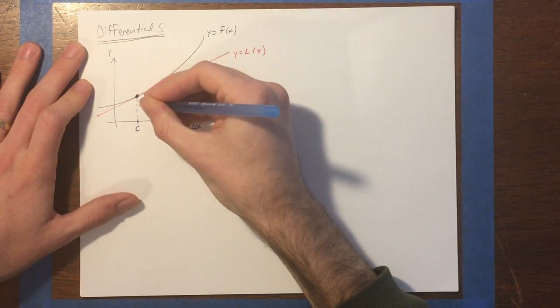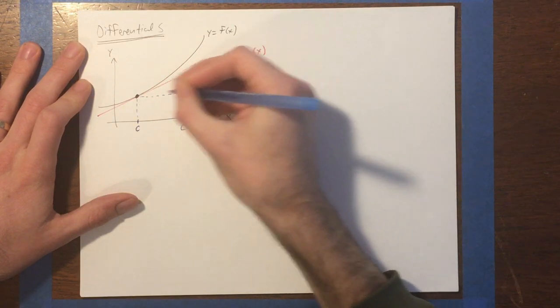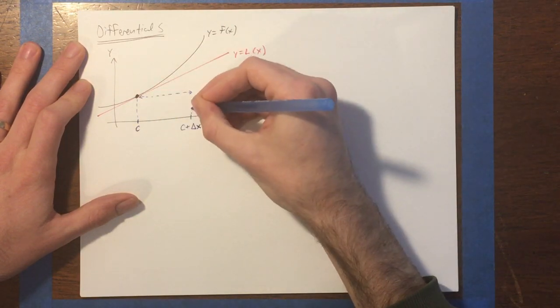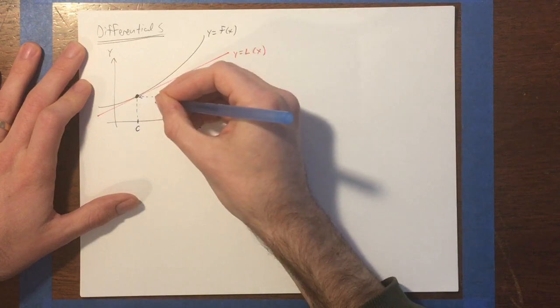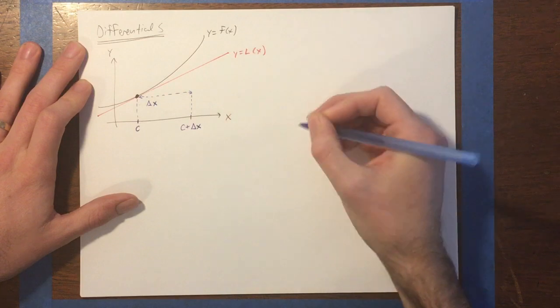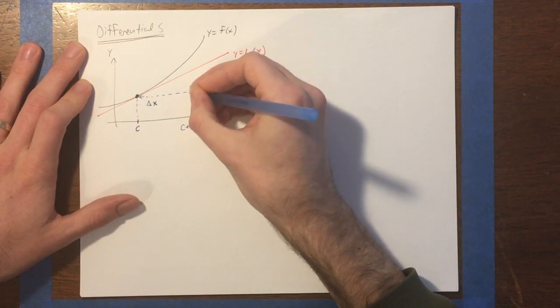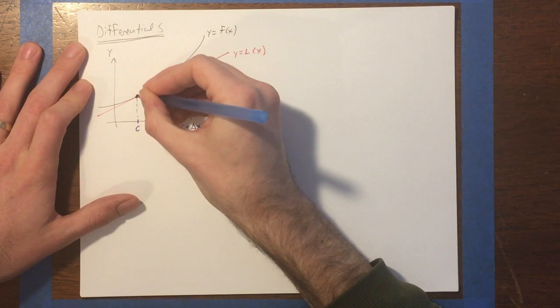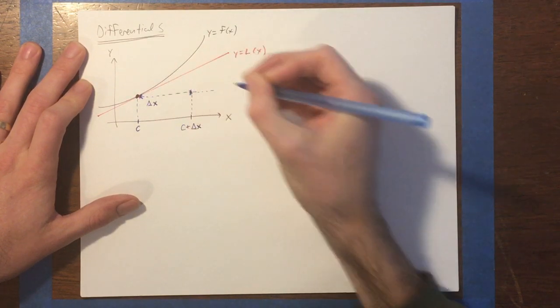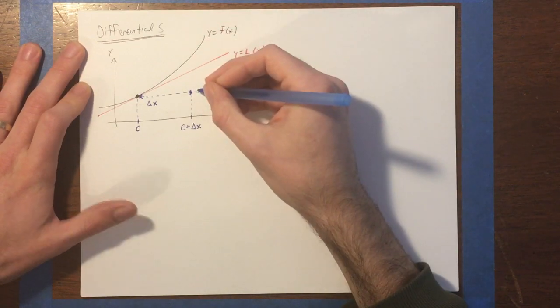So that distance there, from here to here, is delta x. Now, let's extend that line out a little bit further here. That delta x goes from there to there, between those arrows. But if I extend that line out a little bit, it gives me something to measure from.